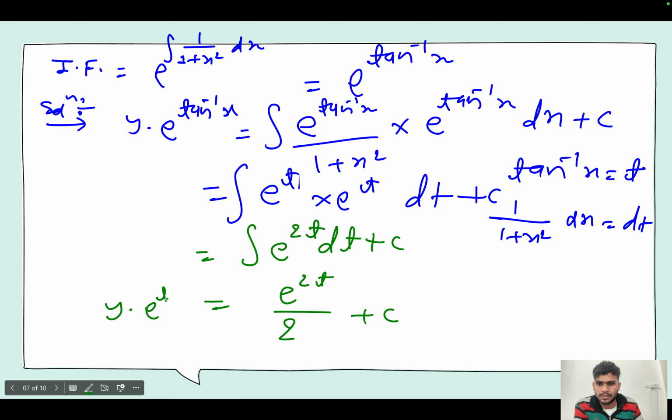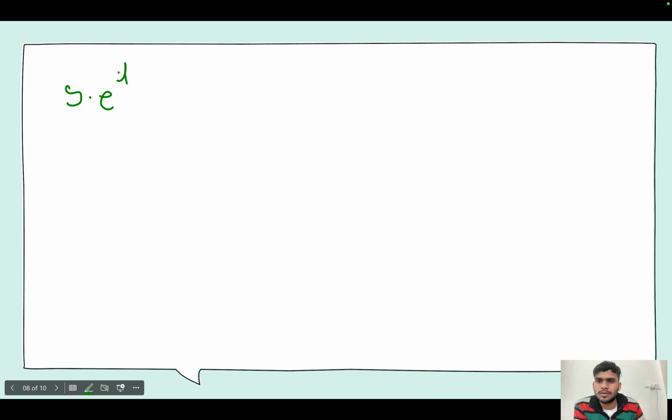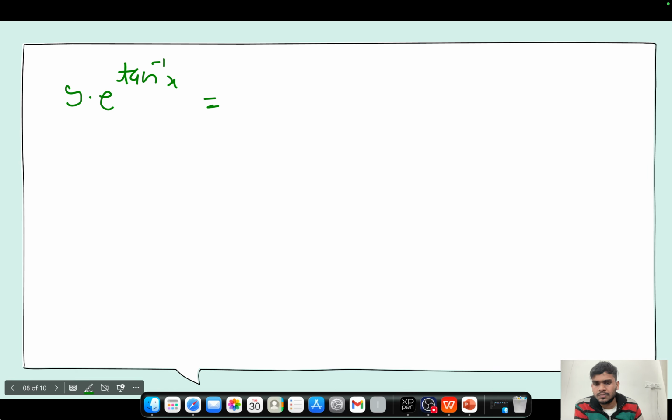So y times e to the power tan inverse x equals e to the power 2 tan inverse x by 2, plus c.